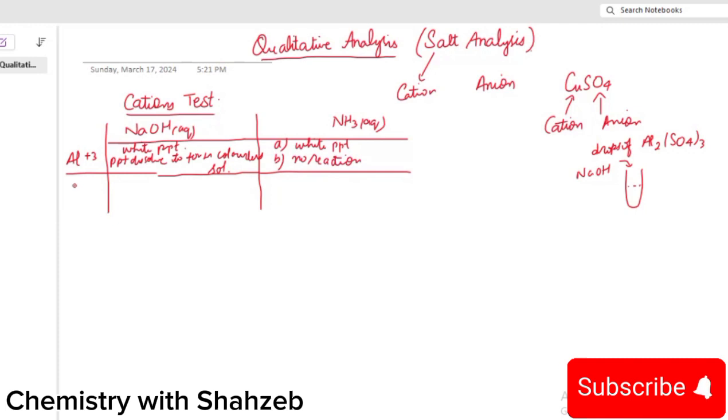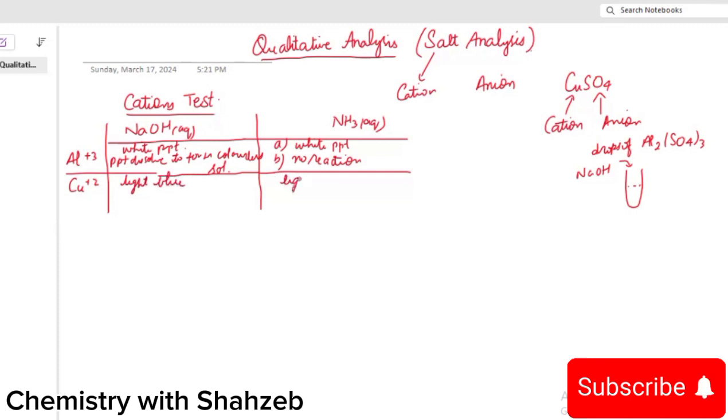Next, moving further, now we have copper 2+. So what happens with copper 2+?